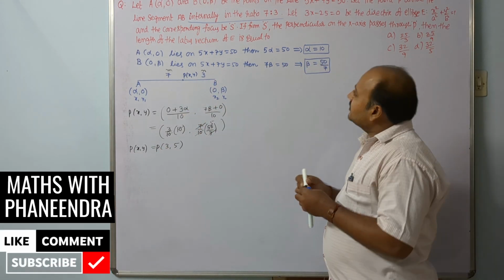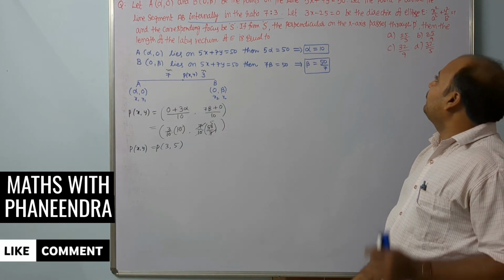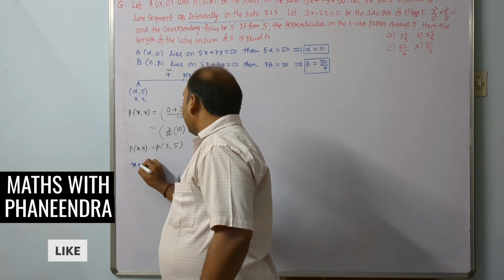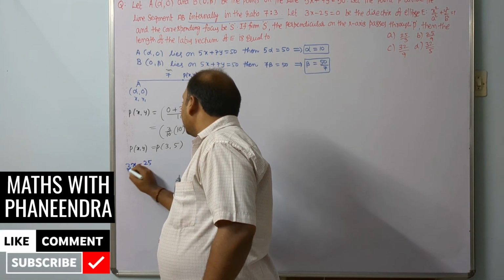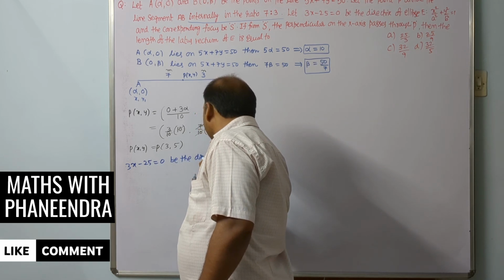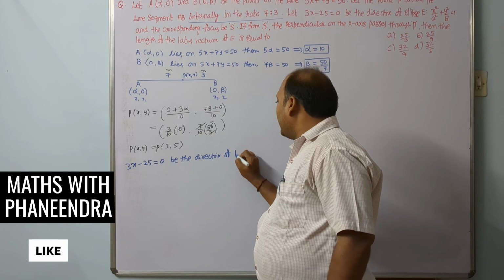Okay. Next come to the question. Let 3x minus 25 equal to 0 be the directrix of the ellipse.